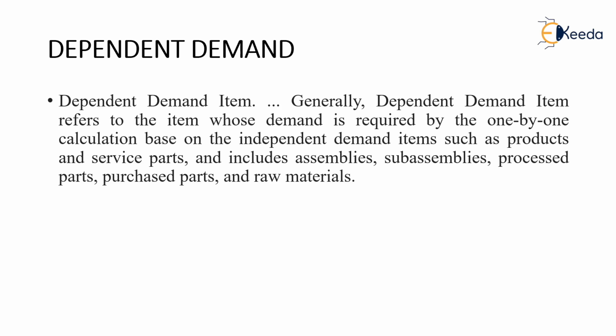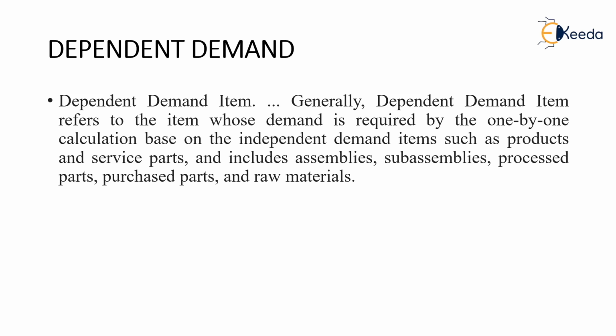So what is the dependent type of demand? In dependent demand, items refer to those whose demand is calculated based on the independent demand items, such as products and services, parts, assemblies, sub-assemblies, processed parts, purchased parts, and raw materials. Whatever products or services are present in this entire process are directly dependent demand.